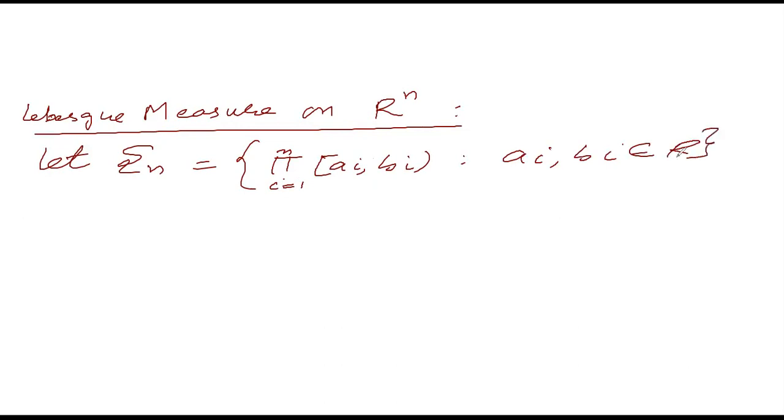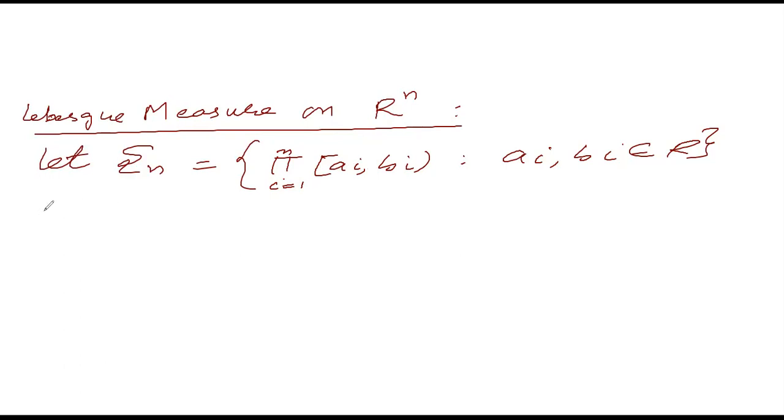So it's actually a collection of subsets of Rn; each member is a subset of Rn.